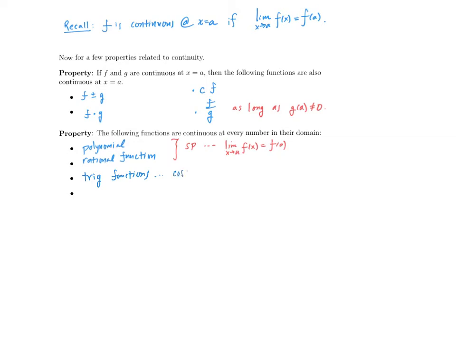So cosine and sine would be continuous everywhere. And then the other four trig functions, tangent, cotangent, secant, cosecant, are going to be continuous wherever they are defined. Similarly, some other functions that we encounter frequently would be the root functions. Most notably, think something like square root x, but there could also be cube root x, whatever root you might like. Those are continuous wherever they are defined.